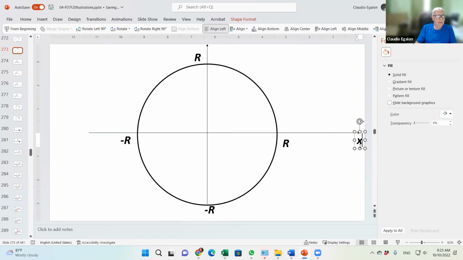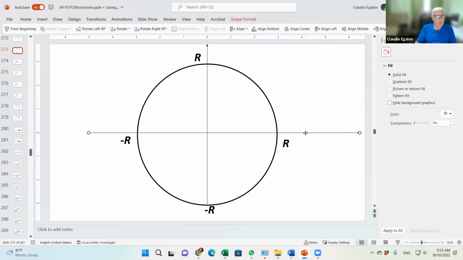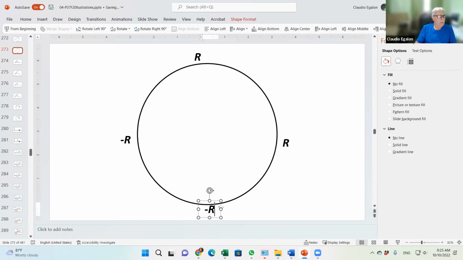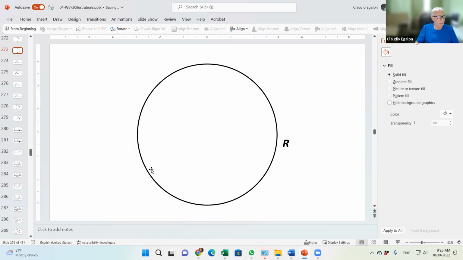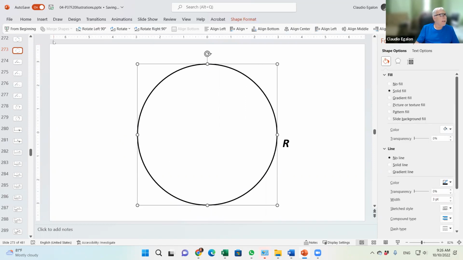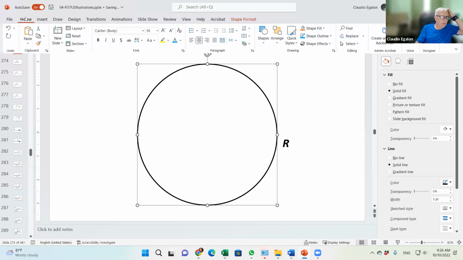I'm not going to need the X and Y coordinate system for this problem. Don't forget, we're talking about someone at the surface of the Earth, at the equator.